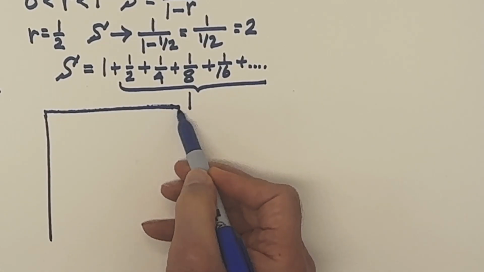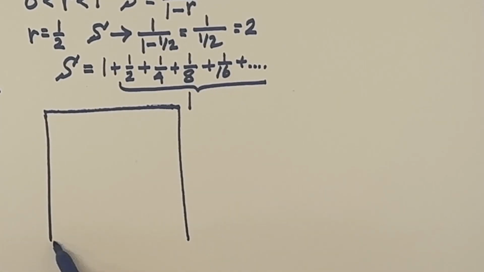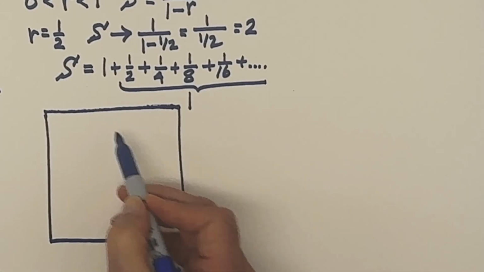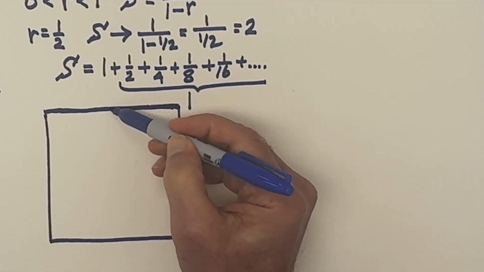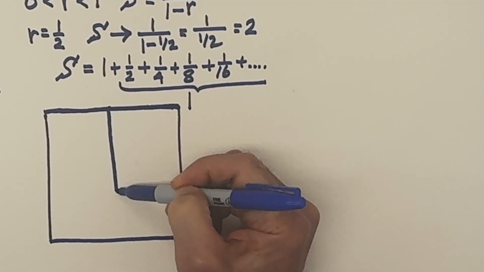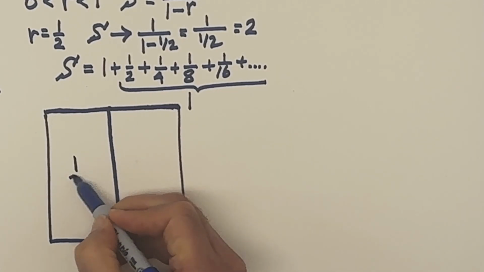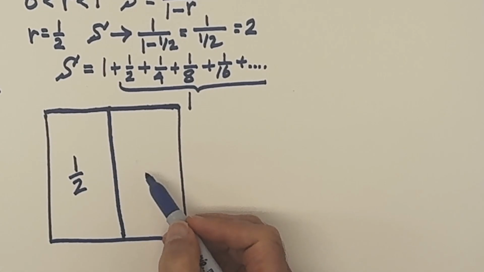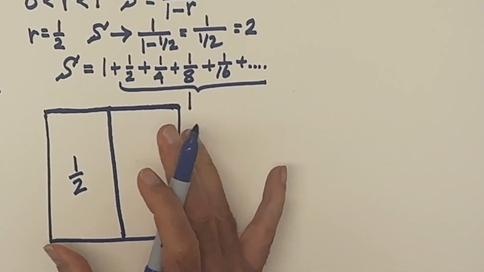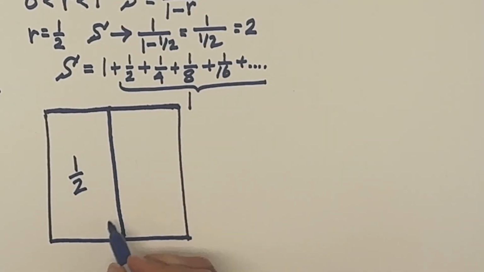So we're going to take a square here, and for this square, I'm going to divide the area in half. So this would be 1/2 the area of the square. And you can consider the square the total area.